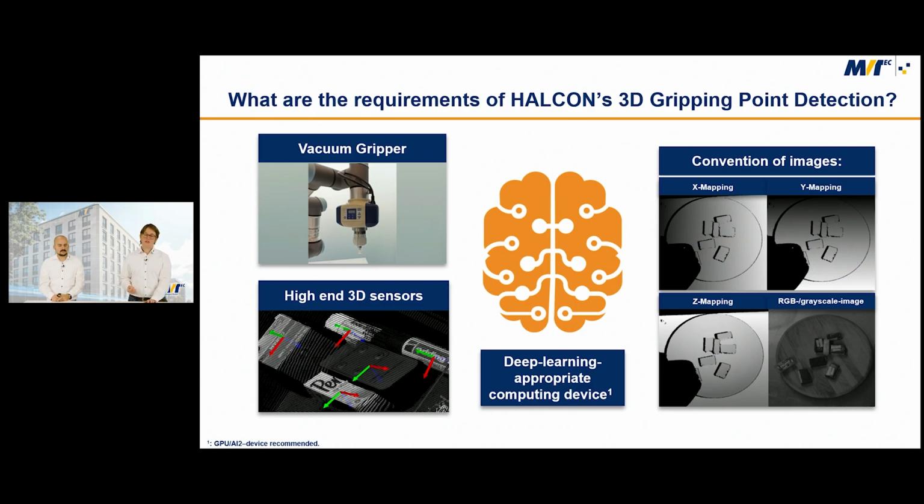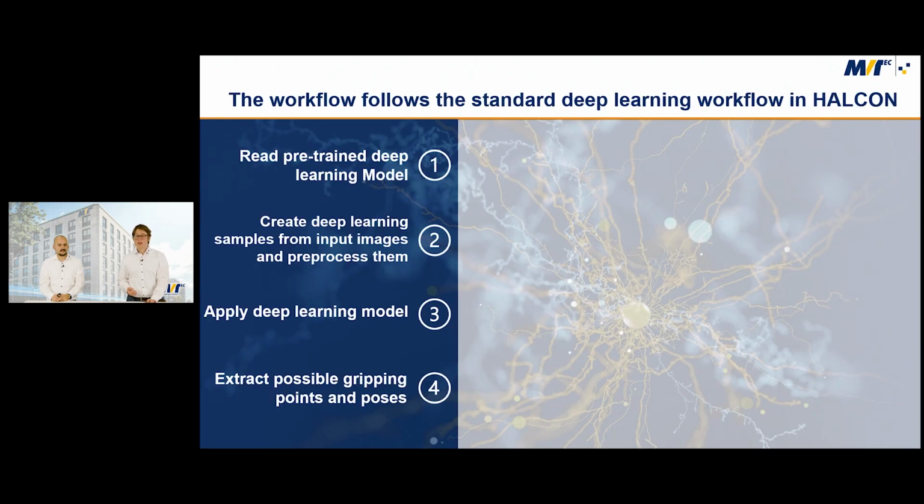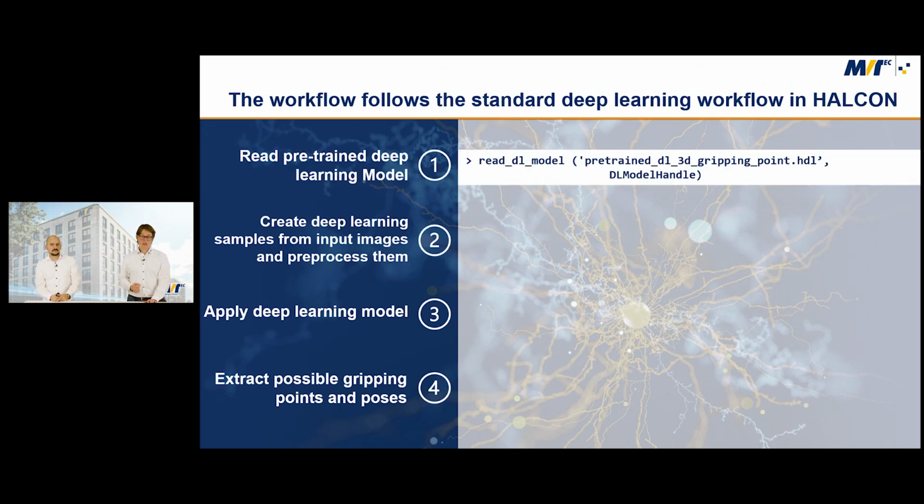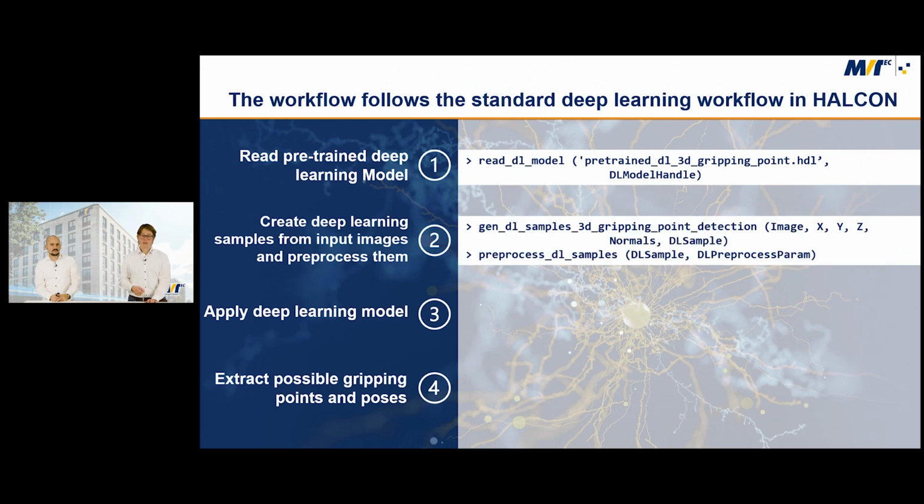If you look at the workflow of the 3D gripping point detection, it does not differ that much from a normal deep learning application or the workflow from deep learning technologies already featured in the MVTec portfolio. You read in your deep learning model, in this case the pre-trained DL gripping point detection. You create your samples from your input images.